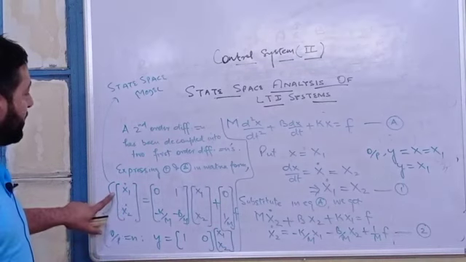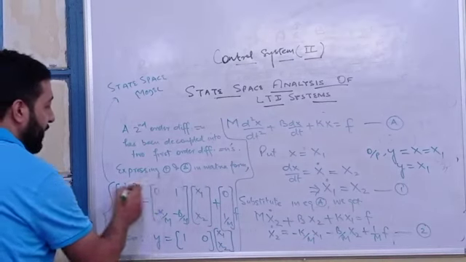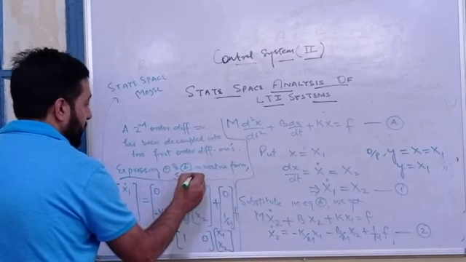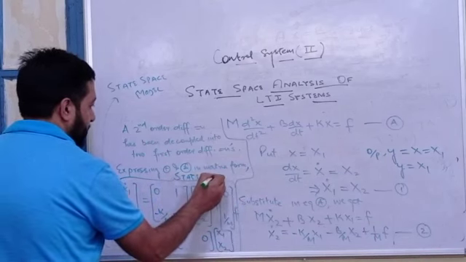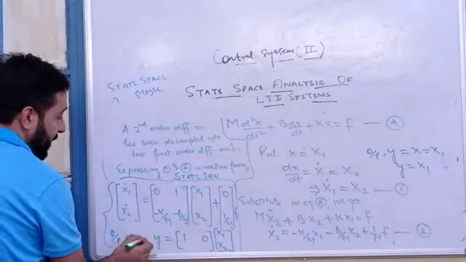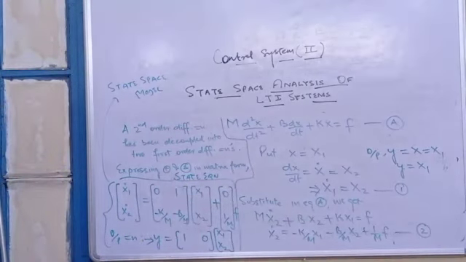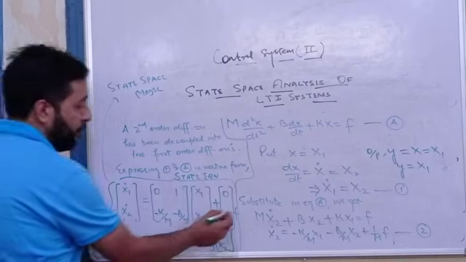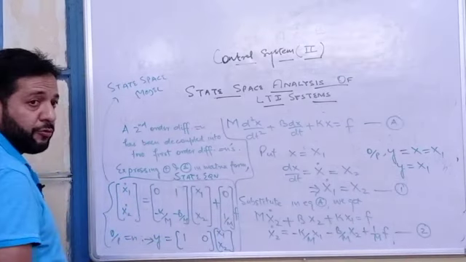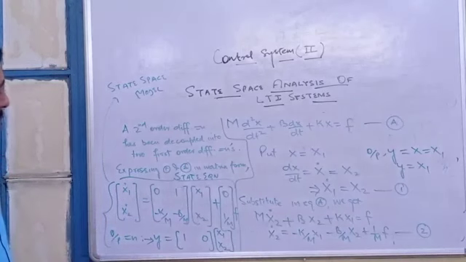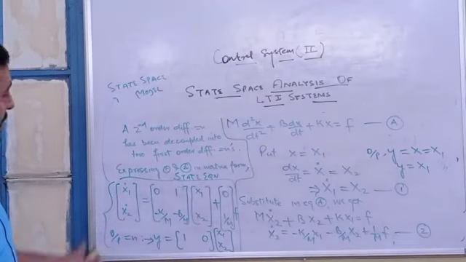So जैसे मैंने अभी आपको कहा state space model के दो हिस्से होते हैं. ये वाला equation जो बना, इसको state equation कहते हैं. और ये वाली equation जो बनी इसको output equation कहते हैं. This is the input, f is the input, and y is the output, isn't it? So a state space model has two parts, a state equation and an output equation, and this is what they look like.